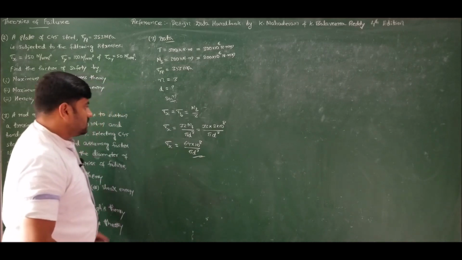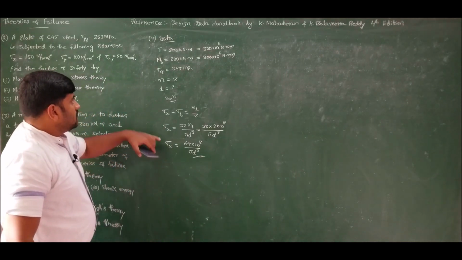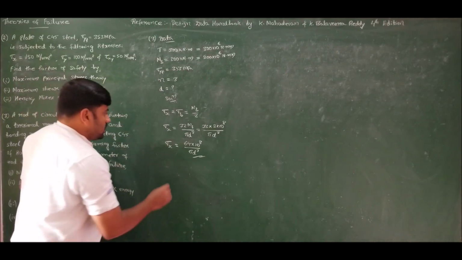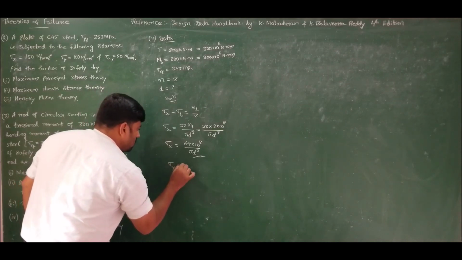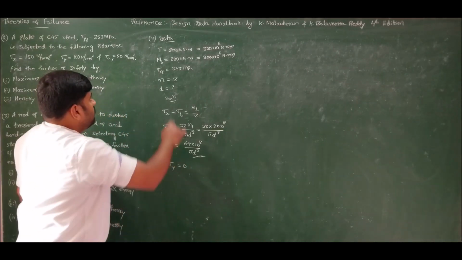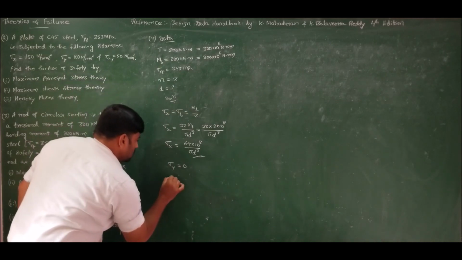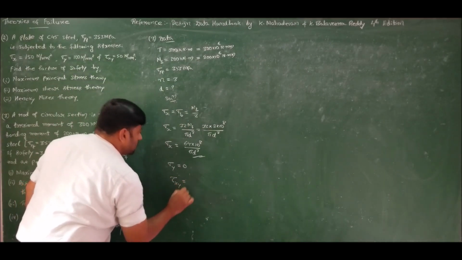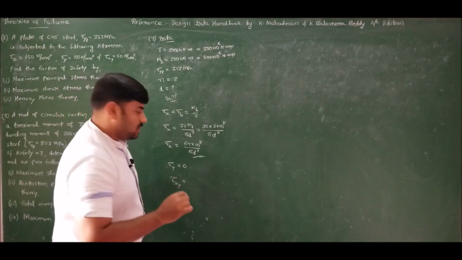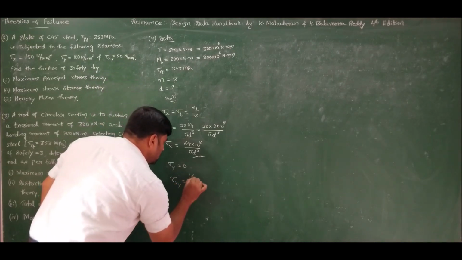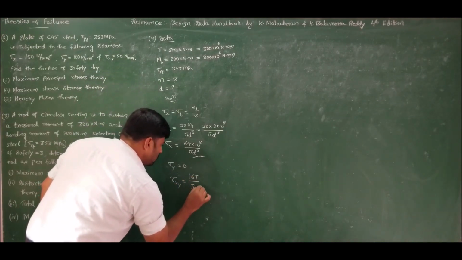Let me keep it as it is. Now we got sigma x. He has not specified sigma y, so therefore take sigma y as 0, not specified. Now he has given the torque, so therefore we have shear stress tau xy. For circular cross section, we know the formula for shear stress, which is given by 16T by pi d cube.